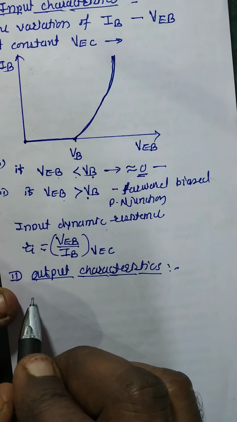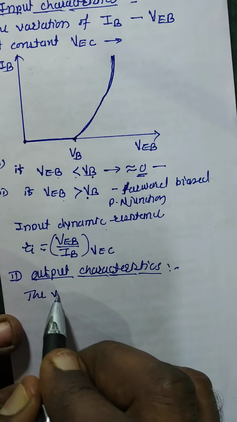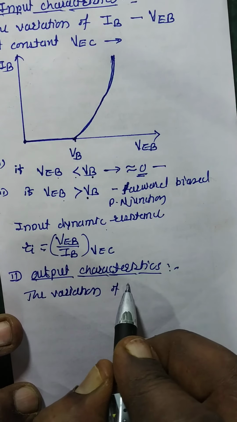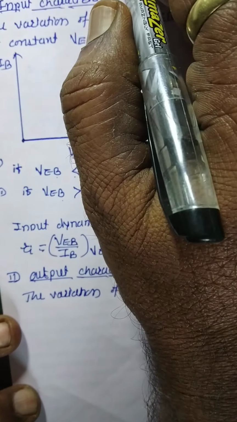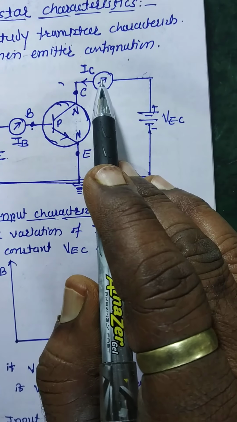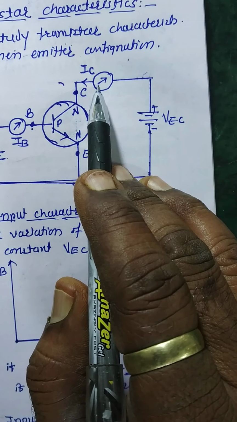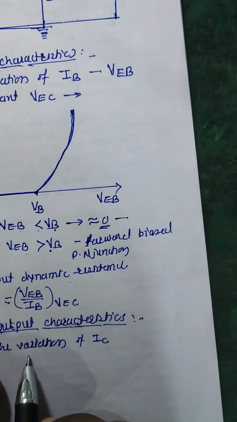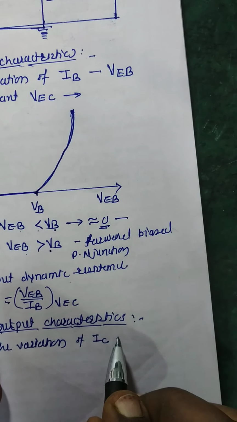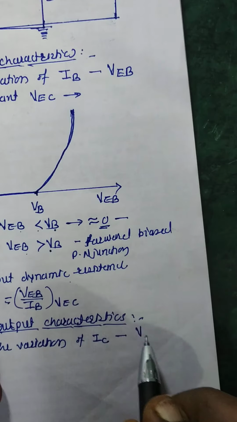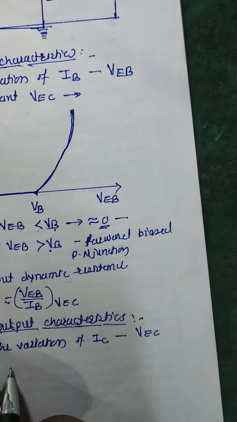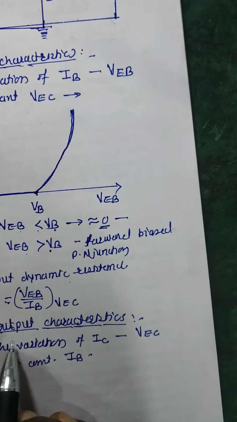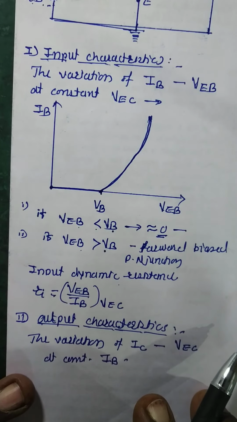The variation of collector current IC with potential between emitter and collector at constant base current IB is called output characteristics of transistor.